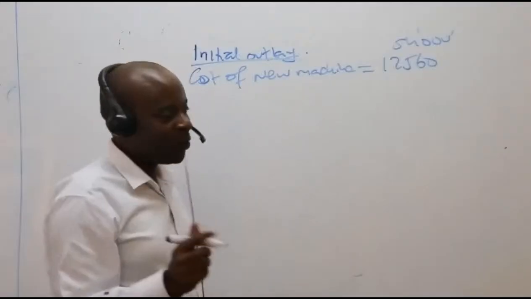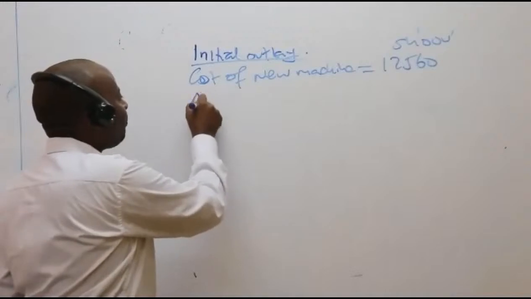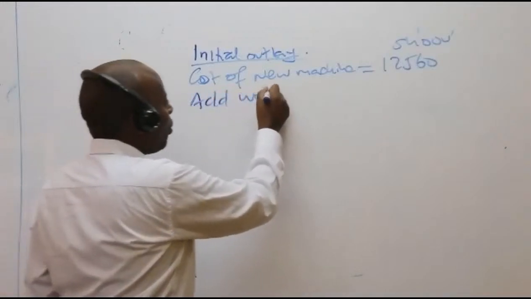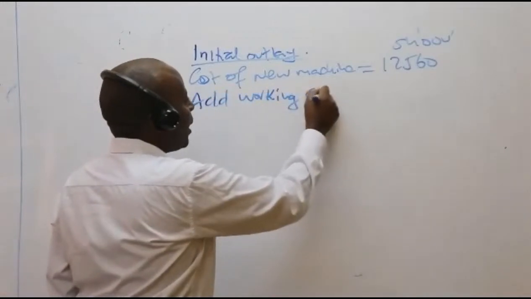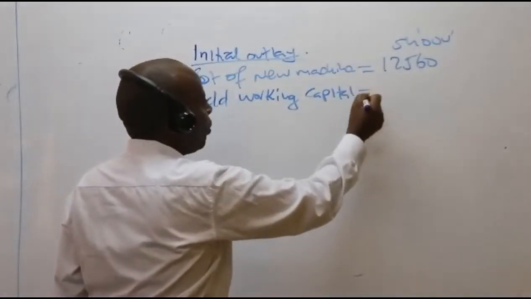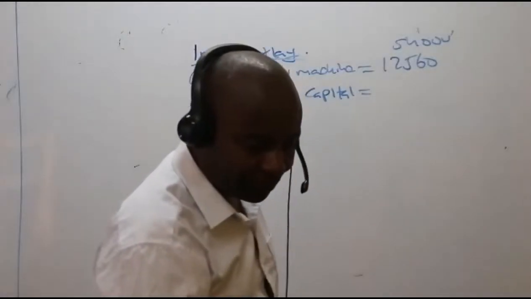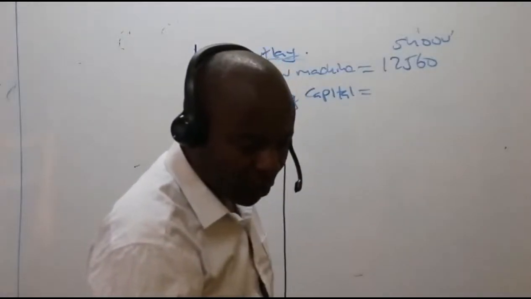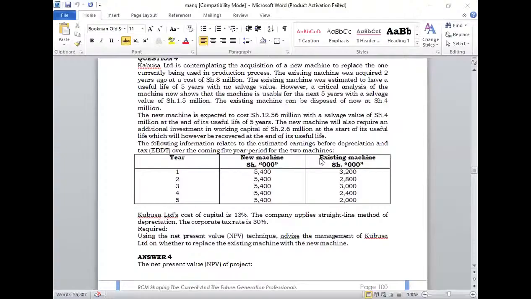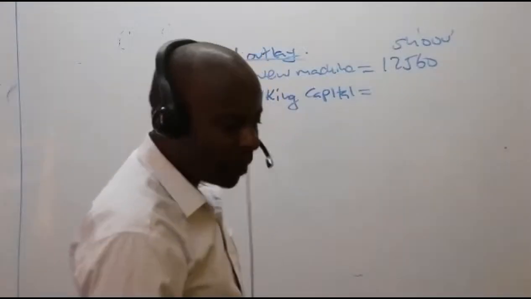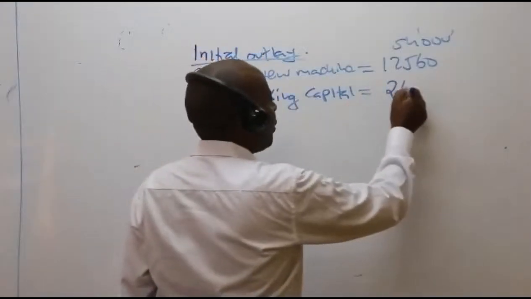There is working capital. So in this case, add working capital of 2,600. There is an additional working capital of 2,600.